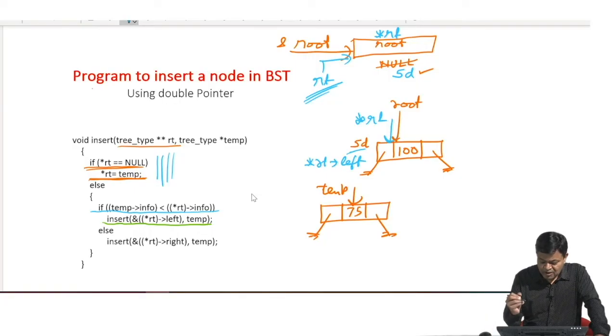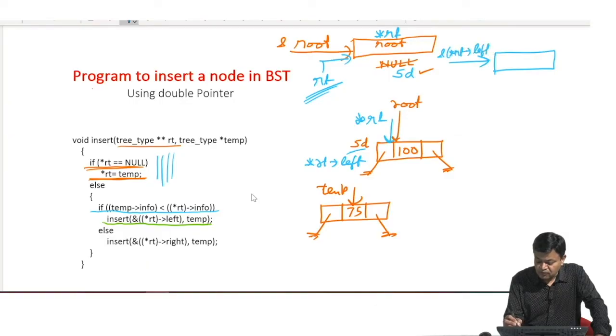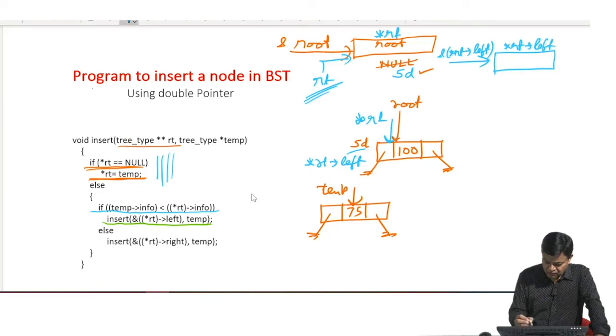What I have passed is its address. So, I have passed the address of star RT arrow left. Inside the address of star RT arrow left, star RT left is there, and its initial value is null.